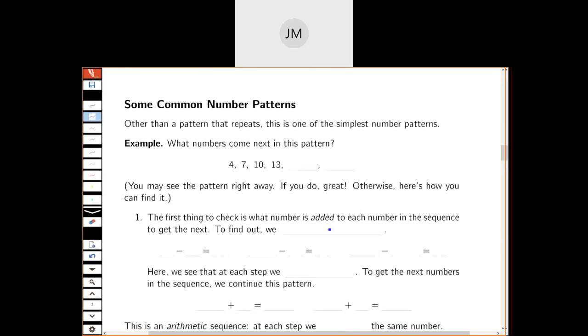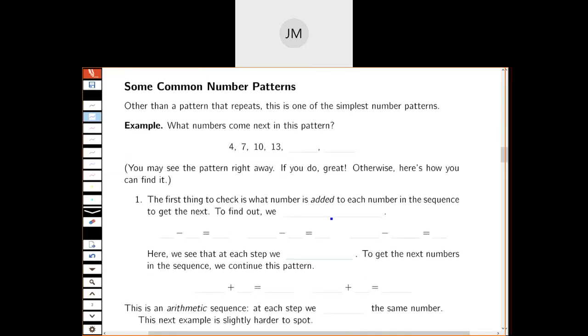Okay, so let's look at some number patterns. Other than a pattern that repeats, when we're looking at number patterns, this is an example of a pretty simple one, right? So I want you to look at the numbers in this pattern, 4, 7, 10, 13, okay? And I want you to see if you can guess at the rule and then tell me what the next 2 numbers are.